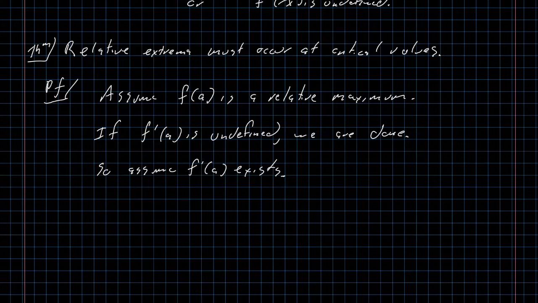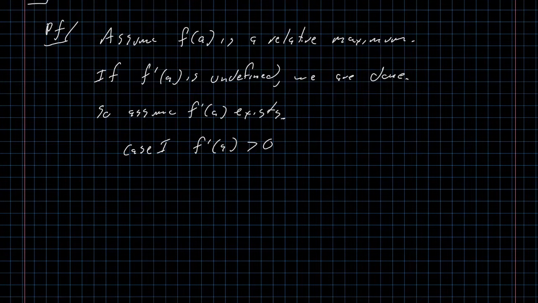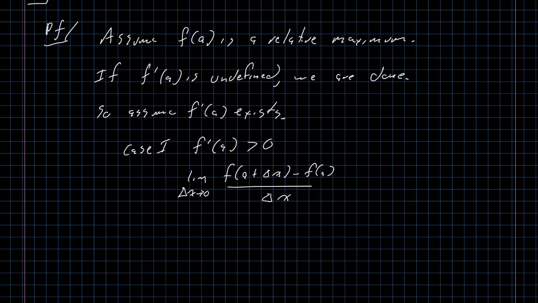So we're going to assume that the derivative does in fact exist. And if it has a value, then it is either going to be greater than zero, or less than zero, or equal to zero. So let's look at greater than zero first. And remember the definition of the derivative. We're looking at the limit as delta x goes to zero of f of a plus delta x minus f of a all over delta x.